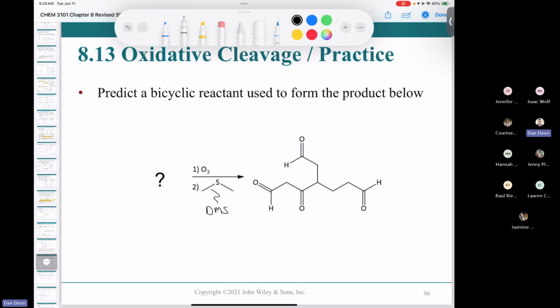When it comes to forming cyclic compounds, remember that in organic chemistry, 5 or 6 membered rings are preferred. So what does that mean? It means if I was to tie these two together to make a ring like that, that would have a total of what? 1, 2, 3, 4, 5, 6 atoms in the ring.